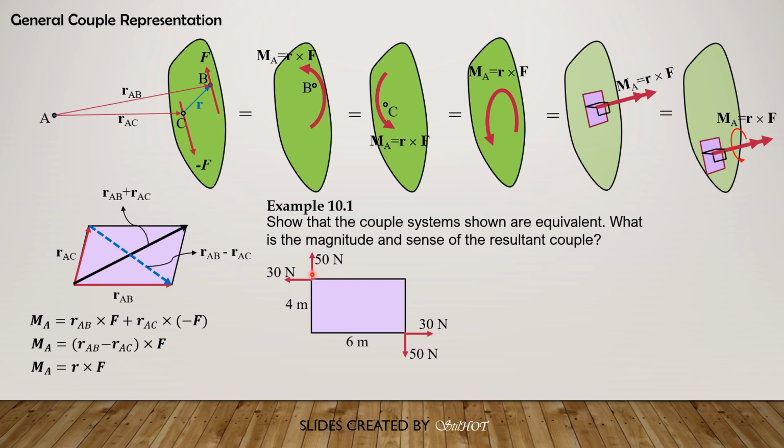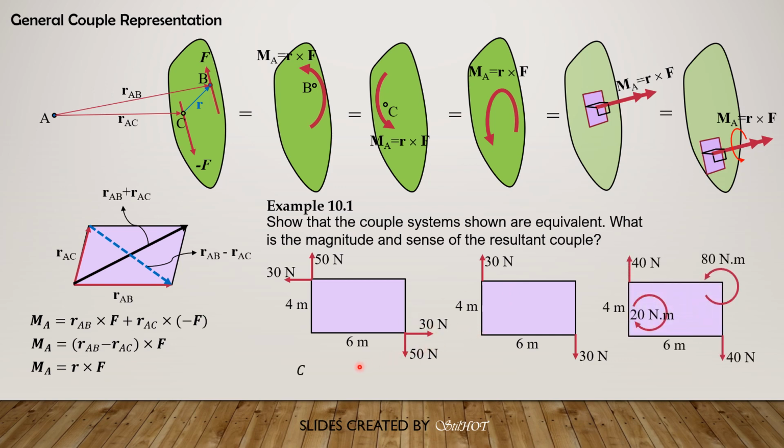So the first couple, 50 times 6, then the second couple, minus 30 times 4. So again, let's evaluate. The couple in this part A here is 50 times 6, then minus 30 times 4. Since the net sign is positive, the sense of the couple is clockwise, and it is equal to 180 Newton meter clockwise.